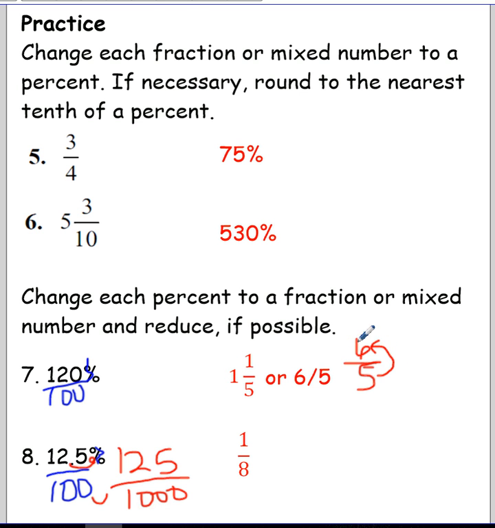If we have 6 pieces and 5 pieces make up a whole, then 5 of those 6 is one whole. And so after we do that, how many pieces are left? Well, we took 5 away, so we have 1 left over. And that's why 6/5 is the same as 1 1/5.